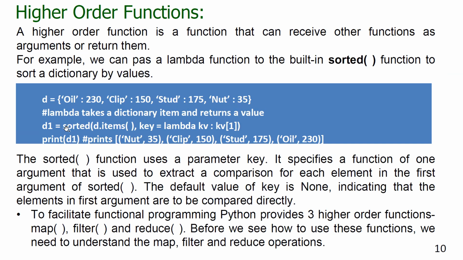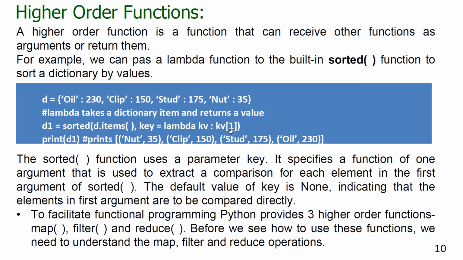Here the lambda function is passed as an argument to the sorted function. So d1 equal to sorted d dot items, so we are calling the items function, and key equal to lambda kv colon kv of 1.